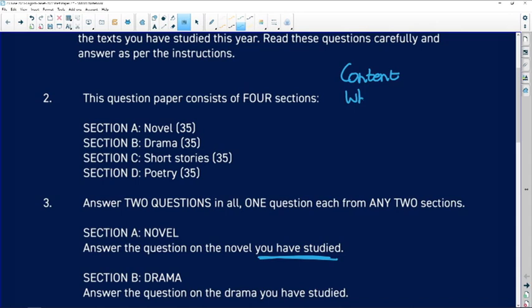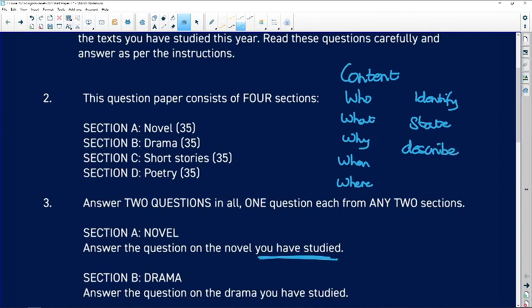So if they ask you who, what, why, when, where, you actually have answers to those questions. If they say identify the speaker or the setting, you must be able to do it. If they say state 2 reasons that somebody didn't want to do something, you have to know those reasons.